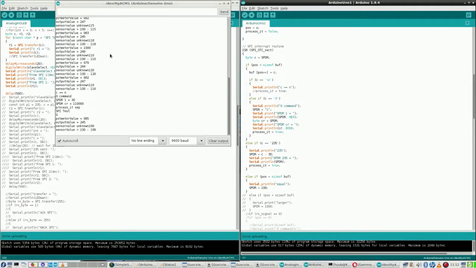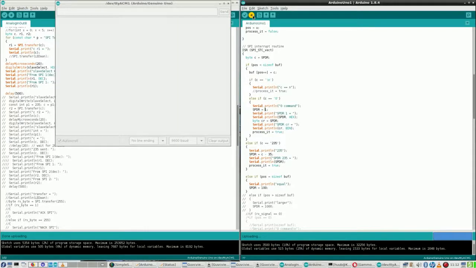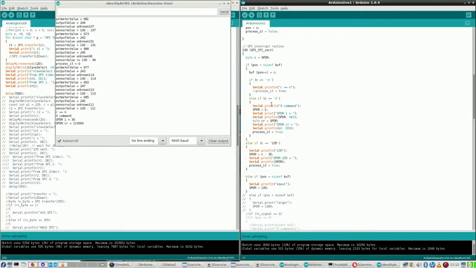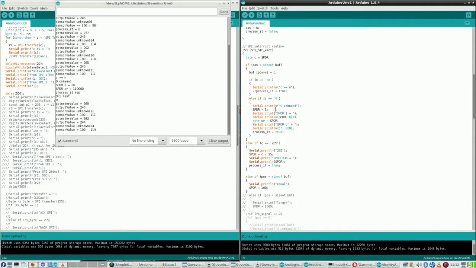Really? So now I'm removing the quotes. What will it be? 30 and the same. And 1. What is 1 anyway?